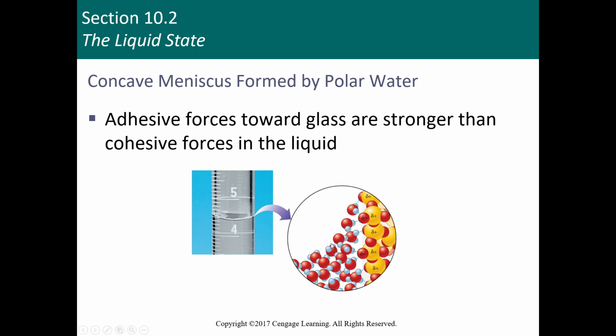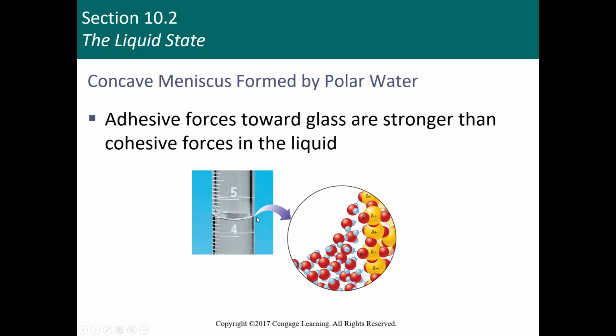And so what happens is the adhesive forces cause the water molecules to build up along the edge of the silicates or the glass here. And then the cohesive forces are weaker, so they don't pull this water back down as much. And so you get this meniscus.